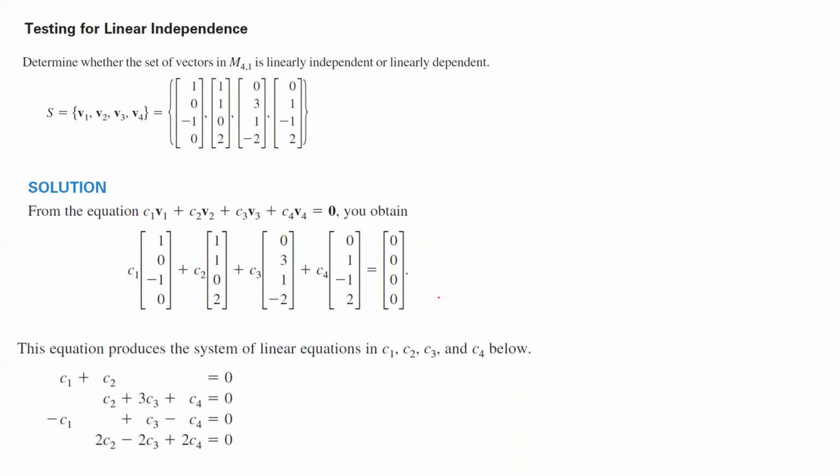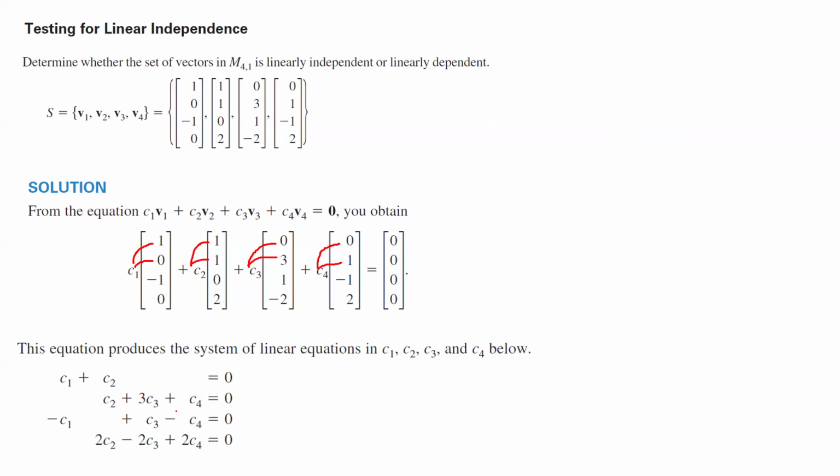Okay, so let us form the system of linear equations using the C values. So basically, you're saying that, hey, C1 plus C2 plus 0 C3 plus 0 C4 is equal to 0. So this is your very first equation. Then you're going to say that 0 times C1 plus C2 plus 3C3 plus 1 C4 is equal to 0.